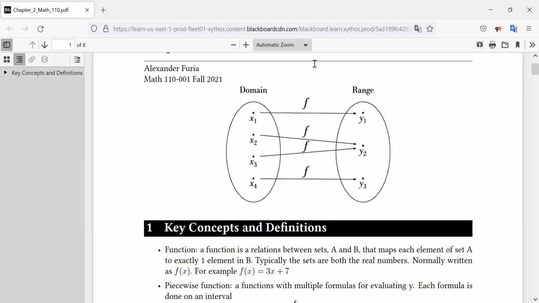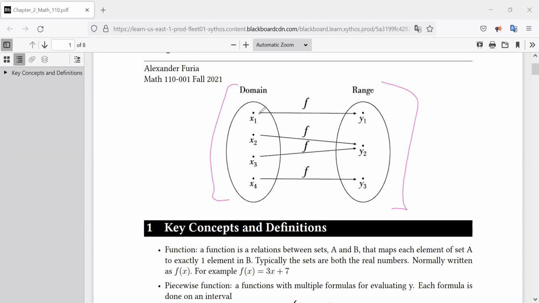So this right here is a picture of a kind of abstract function, right? A function is a relation between sets A and B that maps each element of set A to exactly one element in set B. We normally worry about this on the real numbers, but it can be between any two sets.